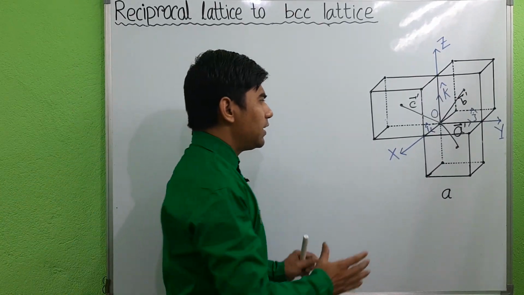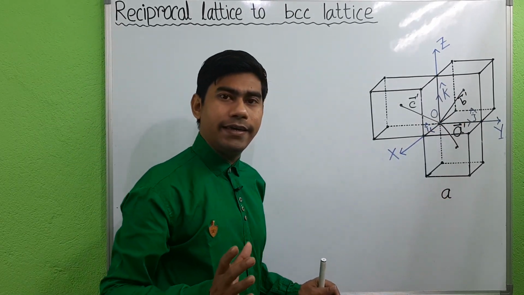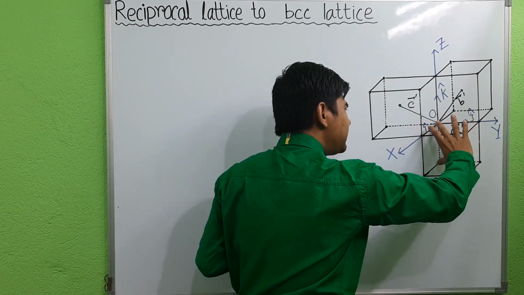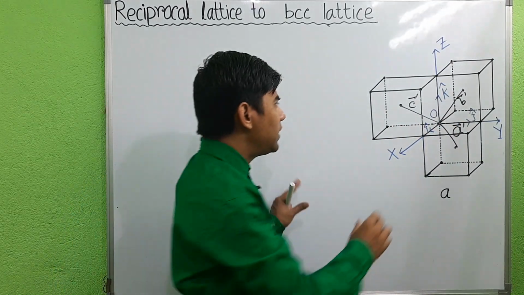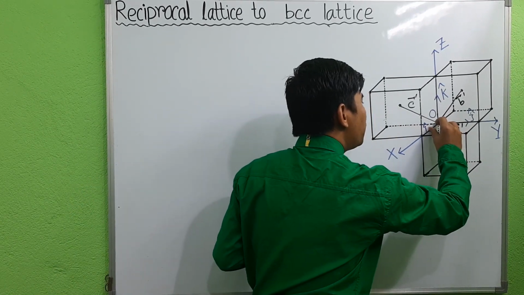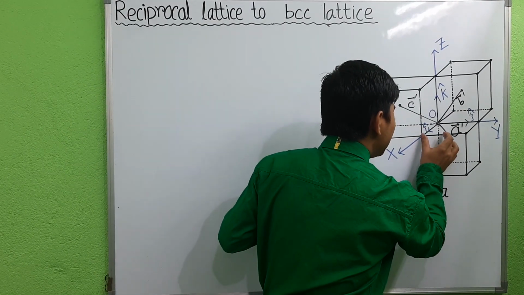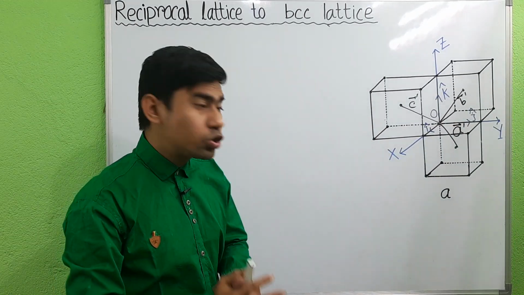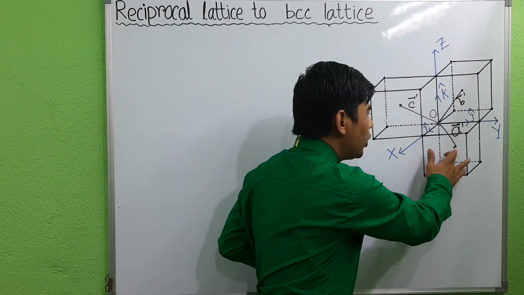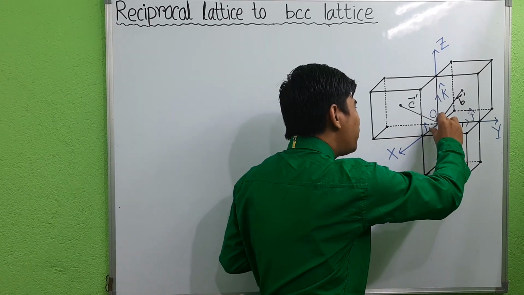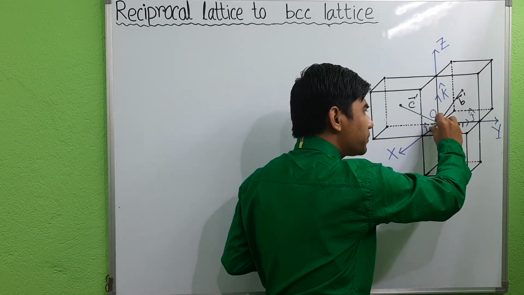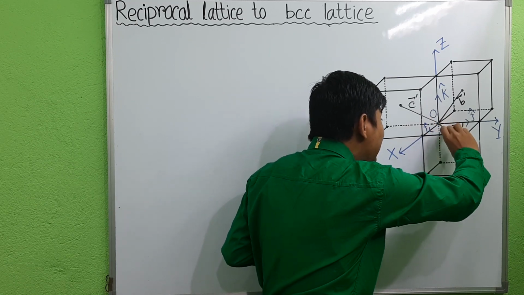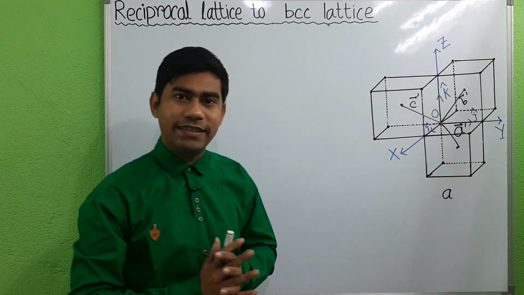We see that the length of this cube is a, so this distance is a, this distance is a, this distance is a. So this distance is a by 2, this distance is a by 2, and this distance is a by 2. To reach this point we have to go a by 2 distance along the x axis, a by 2 distance along the y axis, and minus a by 2 distance along the z axis.